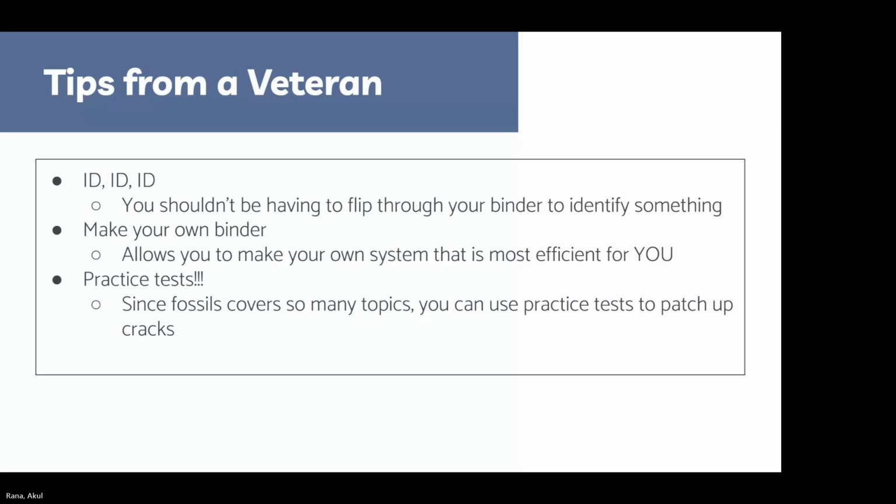The second tip is to make your own binder. This allows you to organize your binder in a way that's efficient for you, in two ways. One, being able to find each fossil quickly, and two, being able to find information about each fossil quickly.